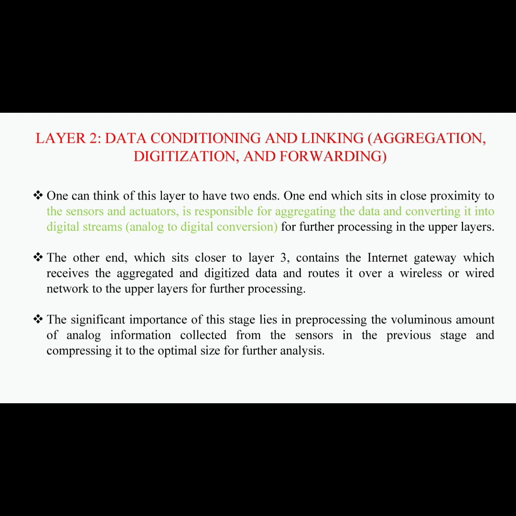The other end sits close to layer 3, which contains the internet gateway, which receives the aggregated and digitized data and routes it over a wireless or wired network to the upper layer for further processing. The significance of this stage lies in pre-processing the voluminous amount of analog information collected from the sensors in the previous stage and compressing it into an optimal size for future analysis.